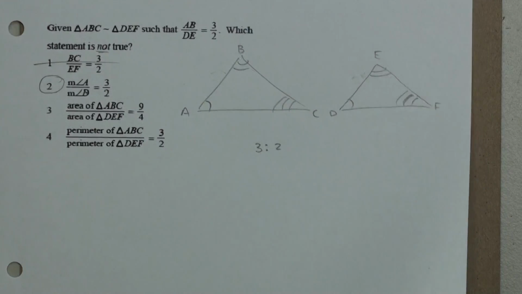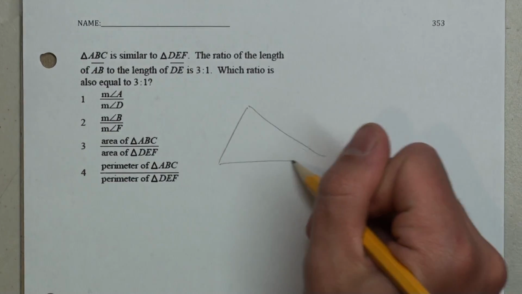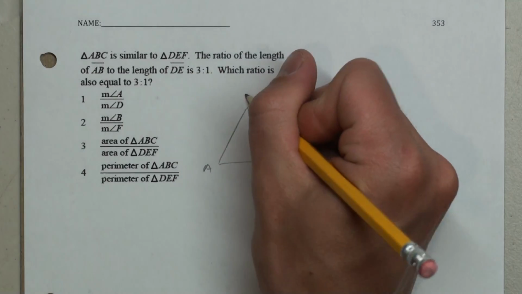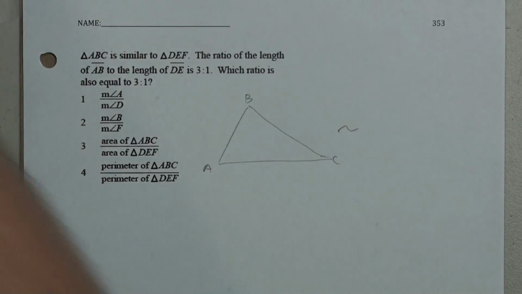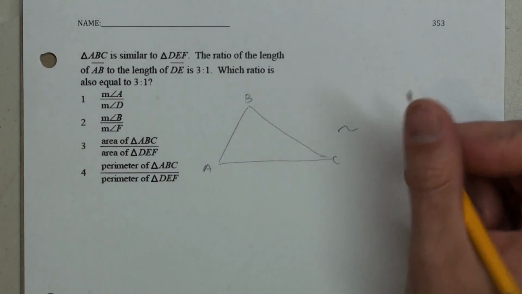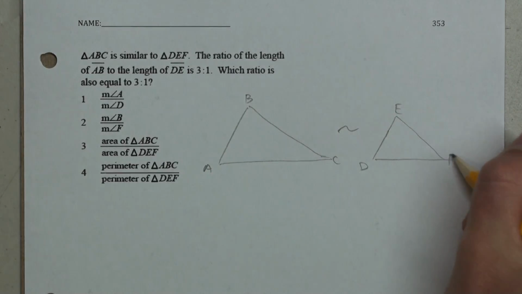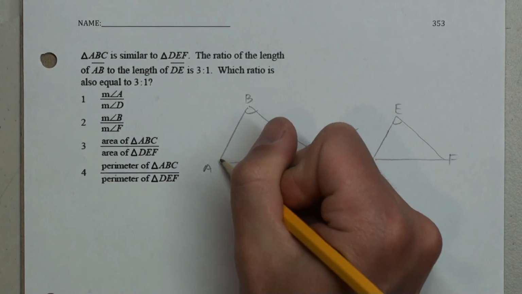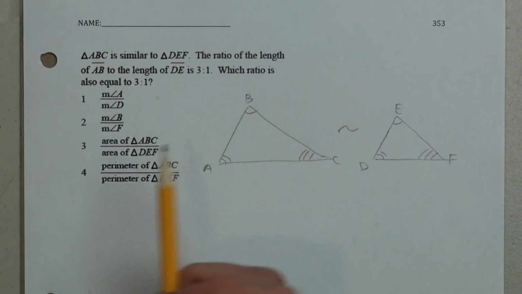Okay? ABC. I just want to see that one real quick again. ABC is similar to D, E, F. So I know this and this are congruent, this and this are congruent, this and this are congruent.